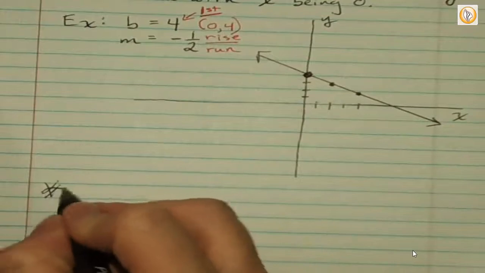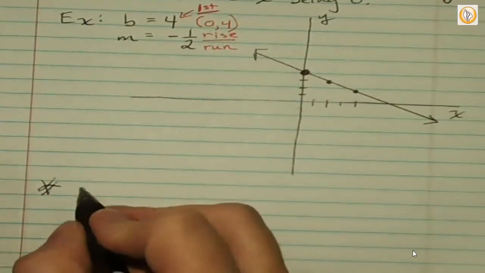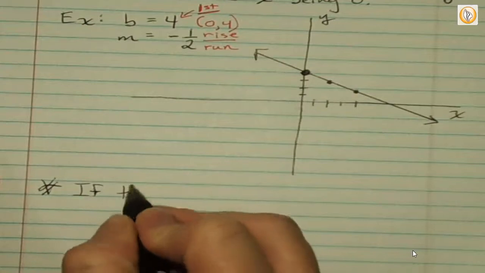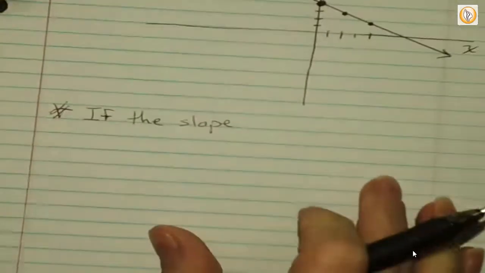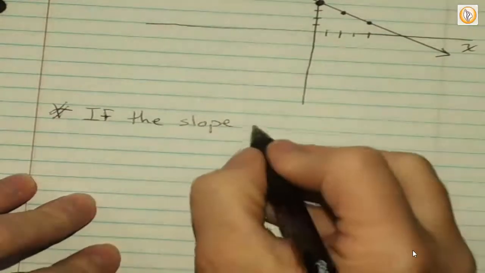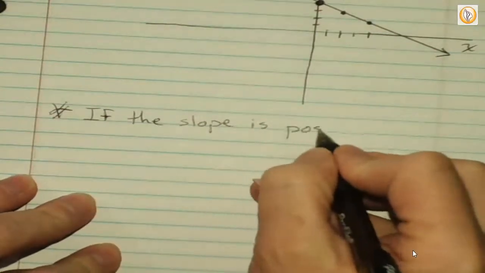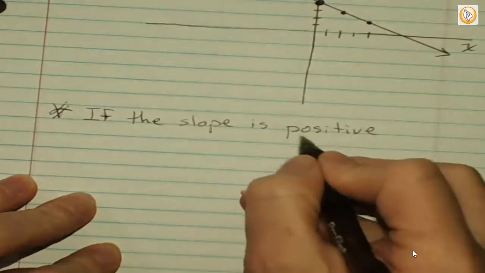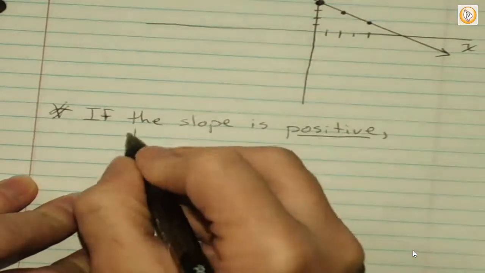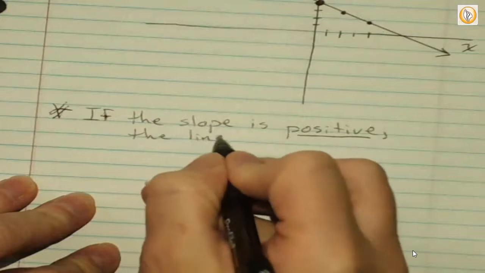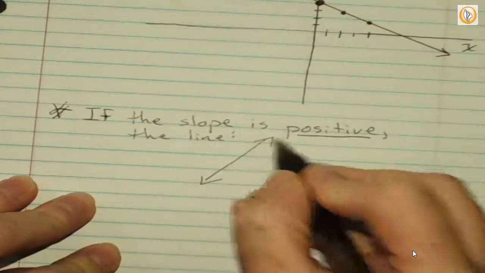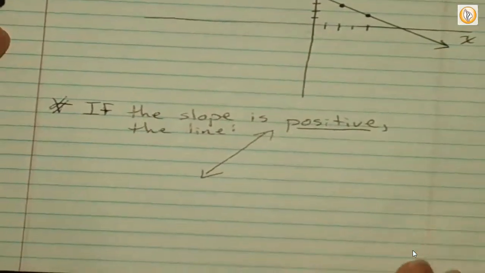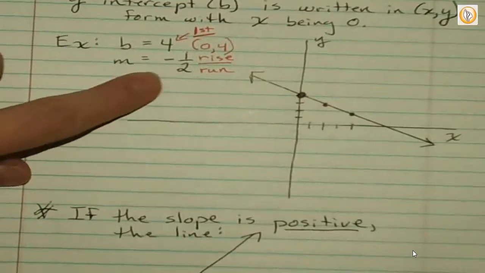Okay. Now, a little tidbit of information. If the slope, and I'll move this up, is positive, the line looks like this. It goes in that direction. Slopes that way. And notice, look, what was this slope?